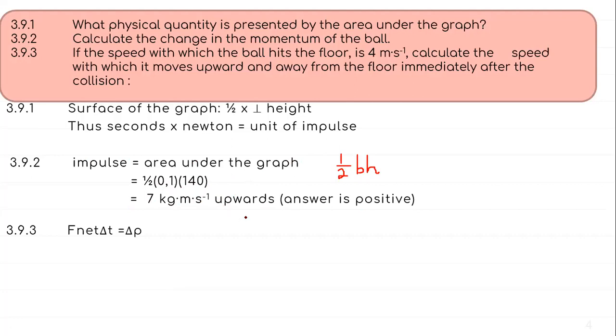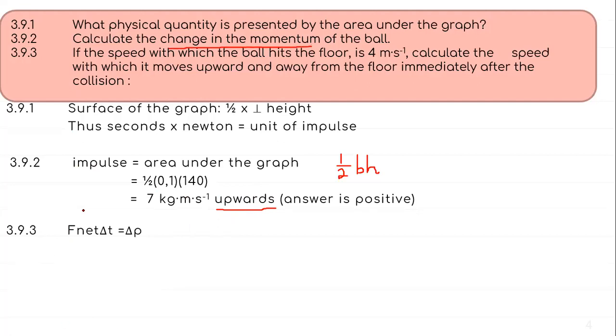Now, why are we saying the direction is upwards? Because when the ball hits the floor, the force that acts on the ball is an upward force. But the force that the ball exerts on the floor is a downward force. So there we are getting 7 kilograms meter per second. And we were asked to calculate the change in the momentum of the ball.